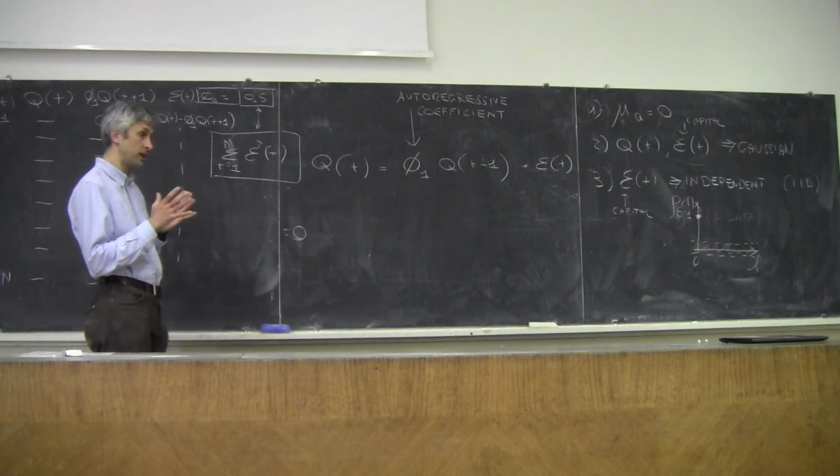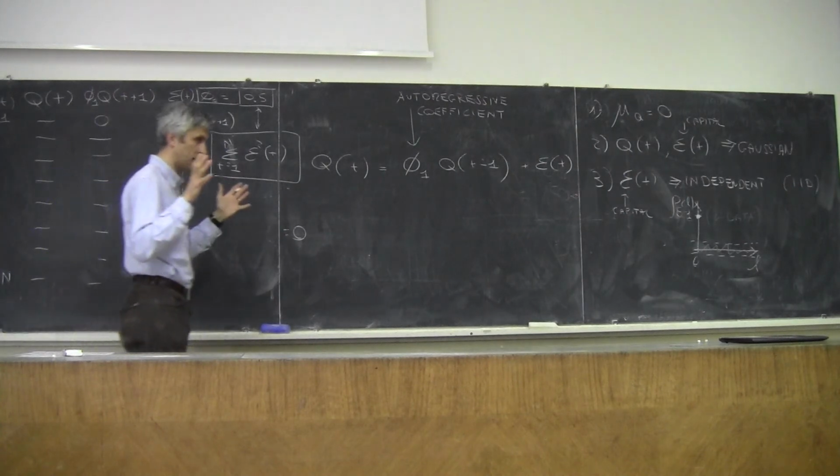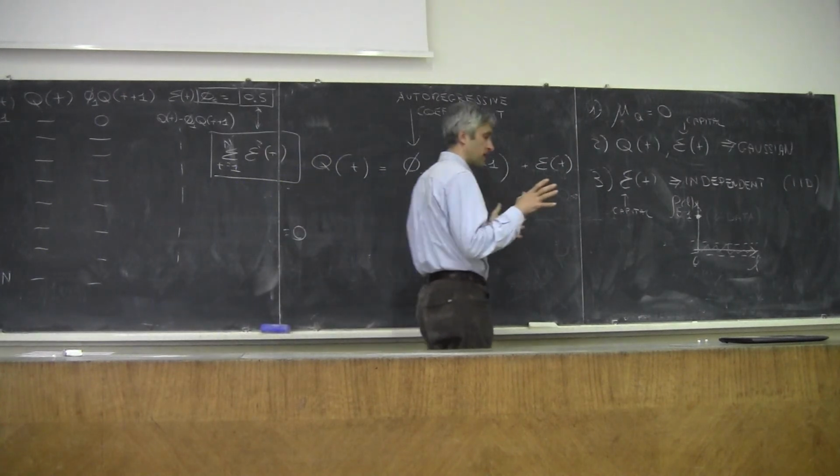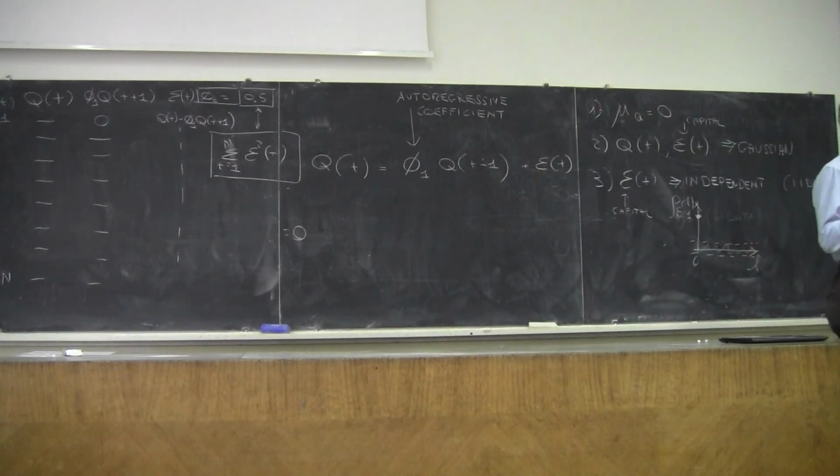Your question could be, can you please tell us what is the probability distribution at each time step of Q? How can I compute the probability distribution? There is an obvious reply, which is it's Gaussian. But you may ask me, what are the parameters, meaning, what is the mean and what is the standard deviation?